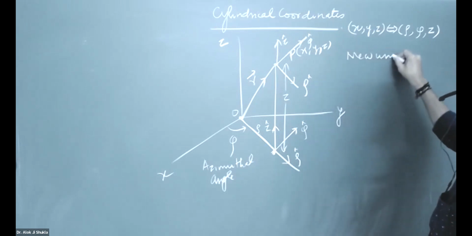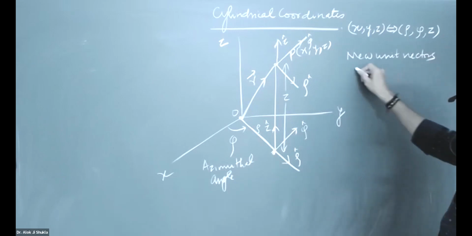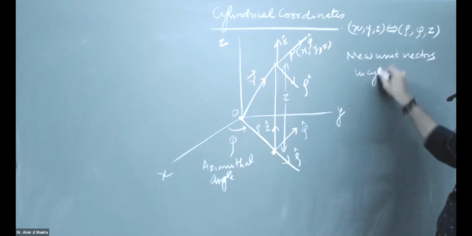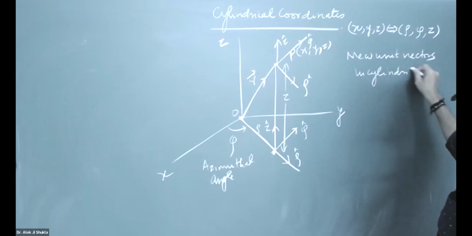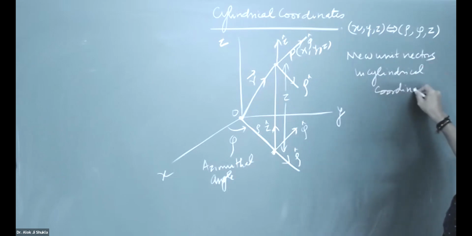So these are your new unit vectors in cylindrical coordinates. So this is the cylindrical coordinate system.